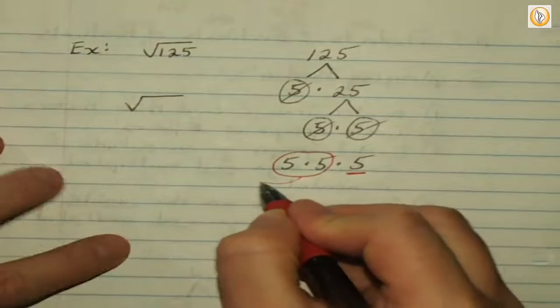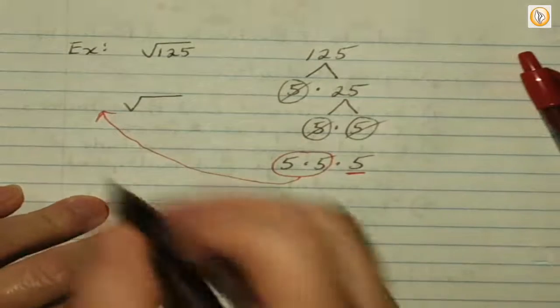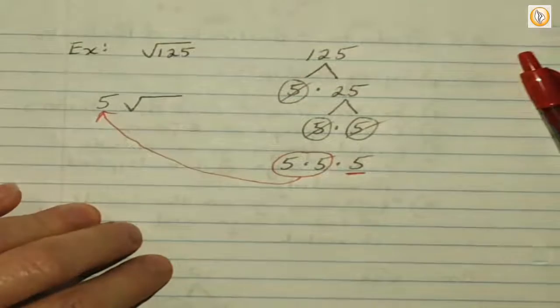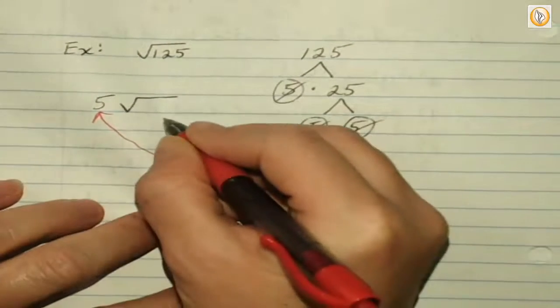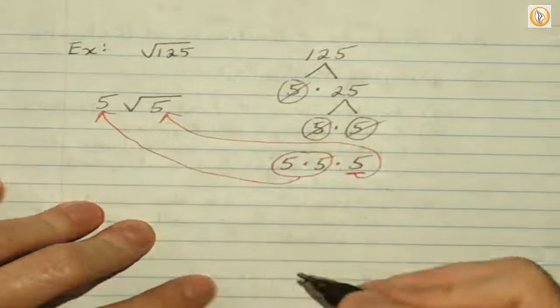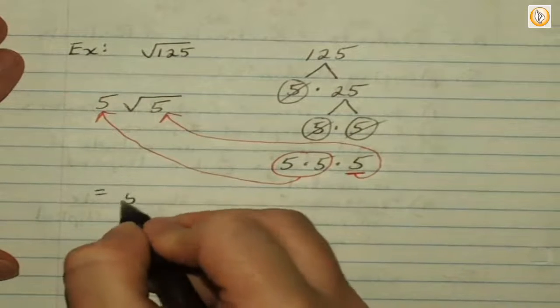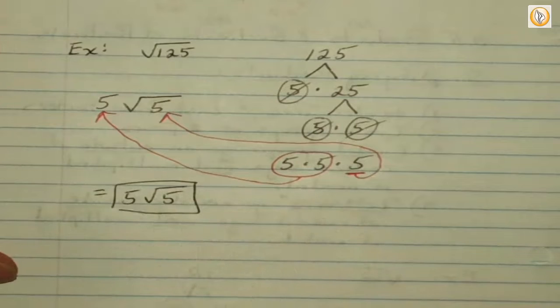On the outside. And we only take 1 from the pair. And the leftover goes where? On the inside. And we're done. So the answer is 5 times the square root of 5.